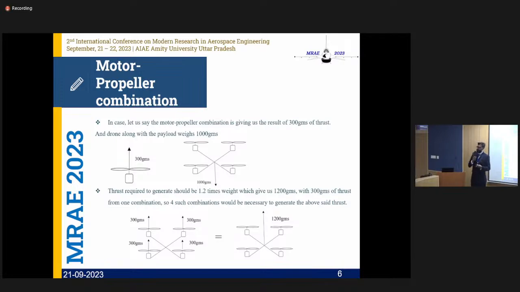That is how you have to design. When you design your drone, at 50% throttle I should be in the position to get 1.2 times my weight. If I achieve that much lift, that means my motor and propeller combination is suitable for my drone. This figure explains the same.